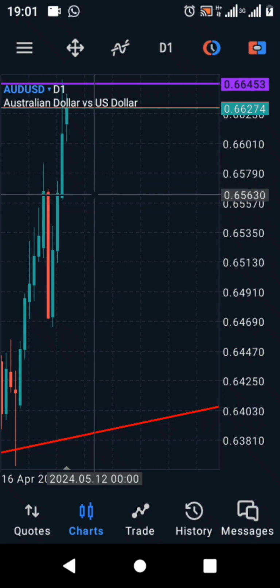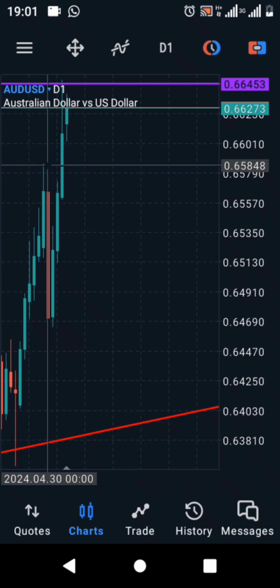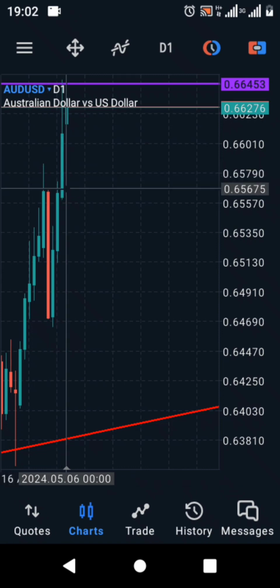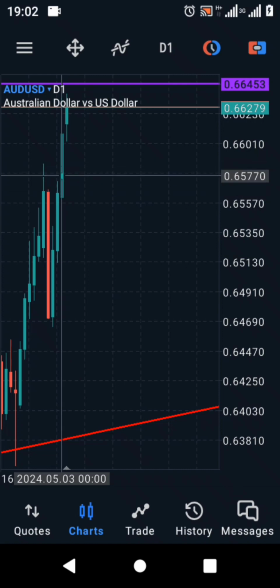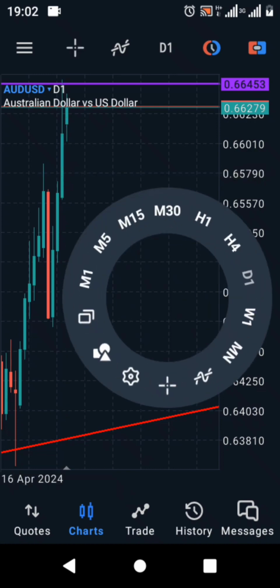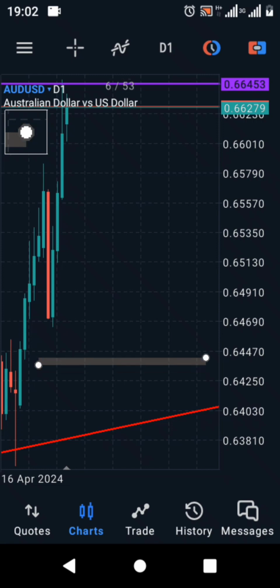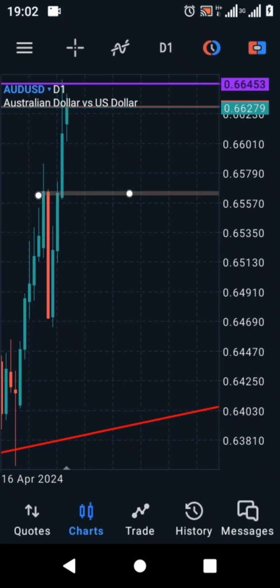This candle was formed during 3 May. Okay, let's go to the open of 3 May. This is the open of 3 May.